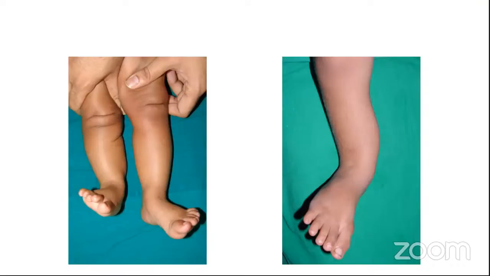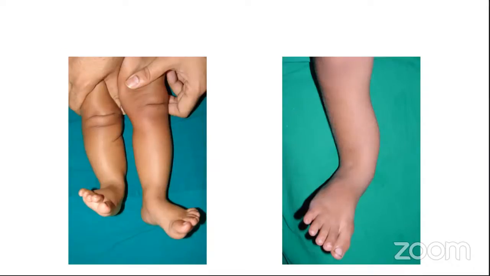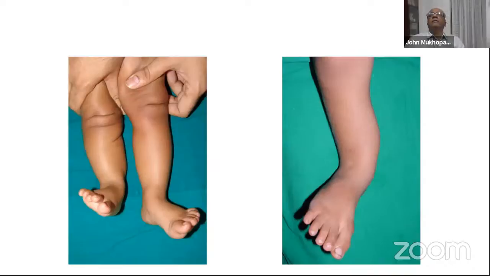So what's wrong with the tibia? It's going medially, the distal part. You mean apex medially? Apex is medial, sir.